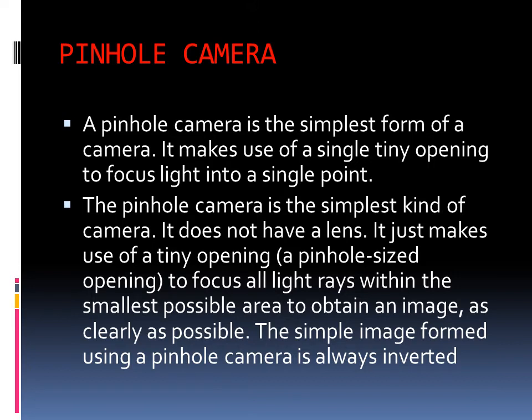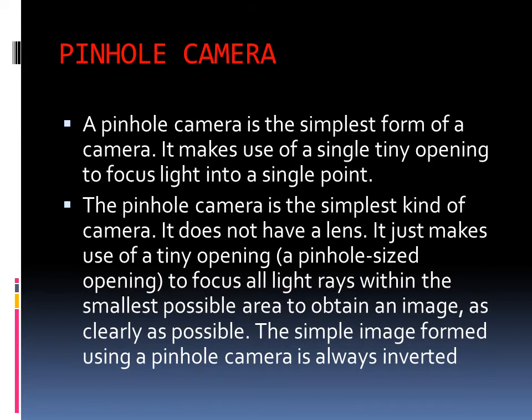A pinhole camera is the simplest kind of camera. It doesn't have a lens. It just makes use of a tiny opening, called a pinhole, to focus all light rays within the smallest possible area to obtain an image as clearly as possible.